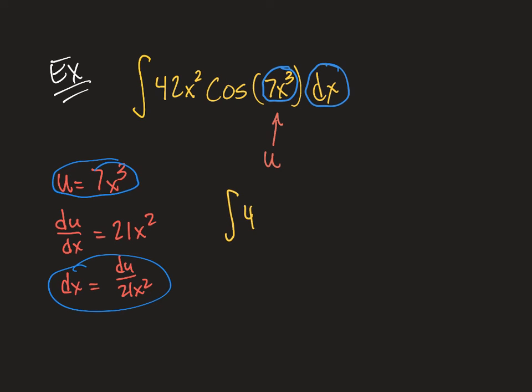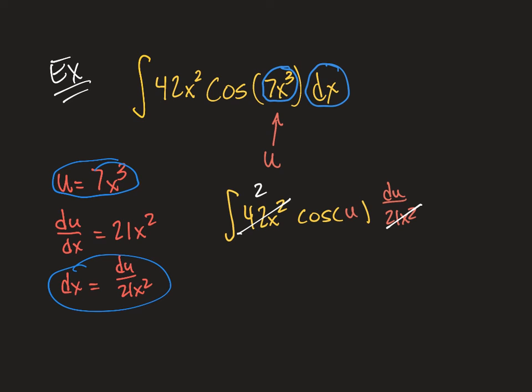I've got 42x squared cosine of u times the dx, which is the du over 21x squared. And as I mentioned before, if everything goes well, all of the other x terms will cancel. Well, that almost happens here. Notice 21x squared does cancel with 42x squared, except that there's a factor of 2 left over.